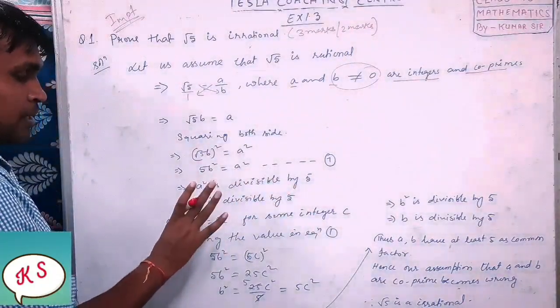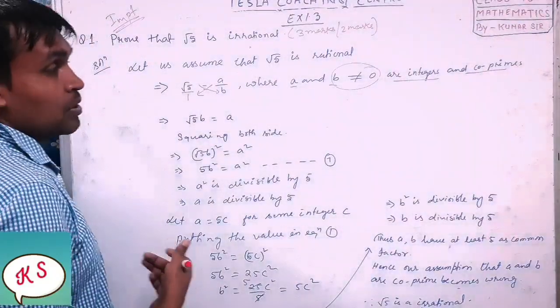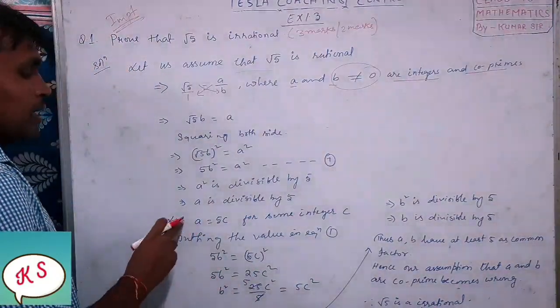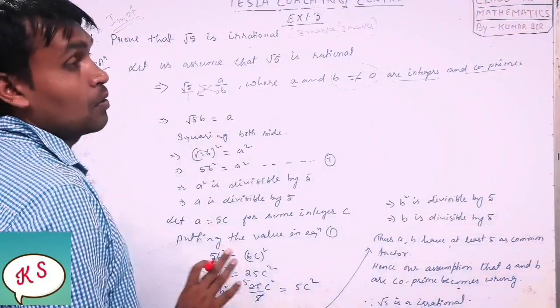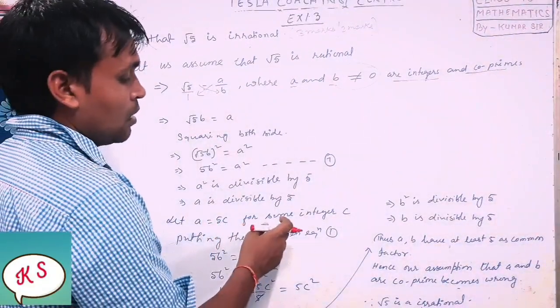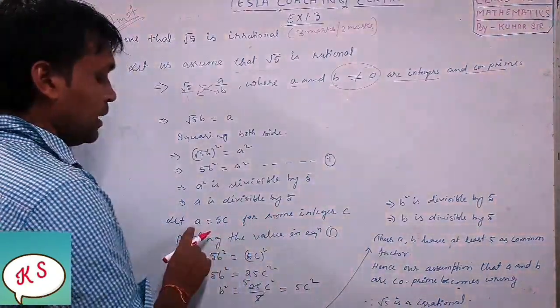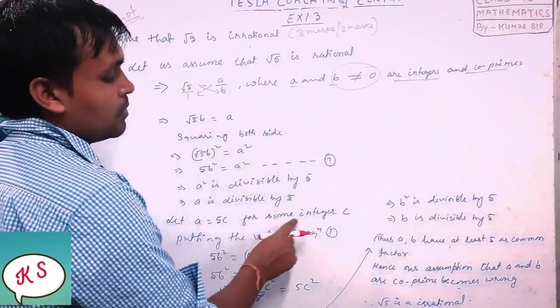Next we make one more assumption. Let a be equal to 5c for some integer c, where c is an integer.